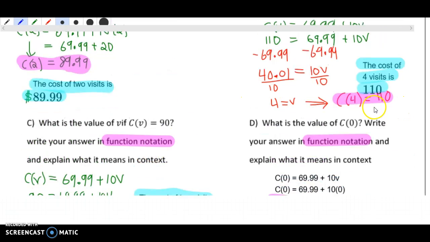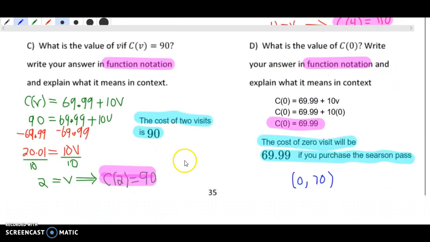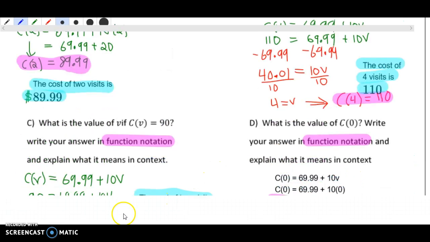Here it would be 4, 110, and here it would be 2, 90. Just remember those ordered pairs: 0, 70, 2, 90, and 4, 110.